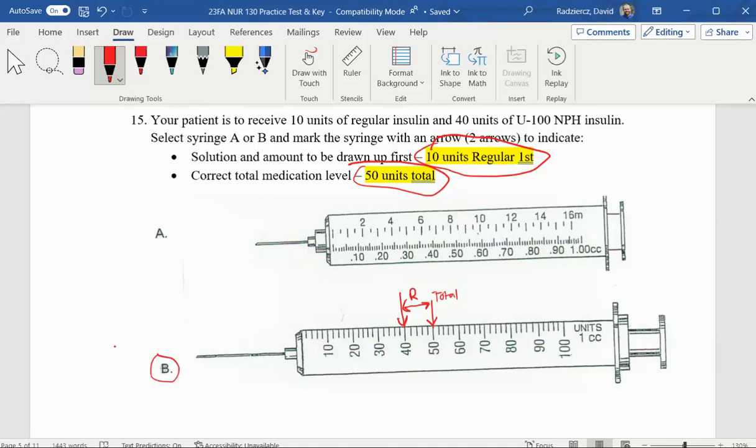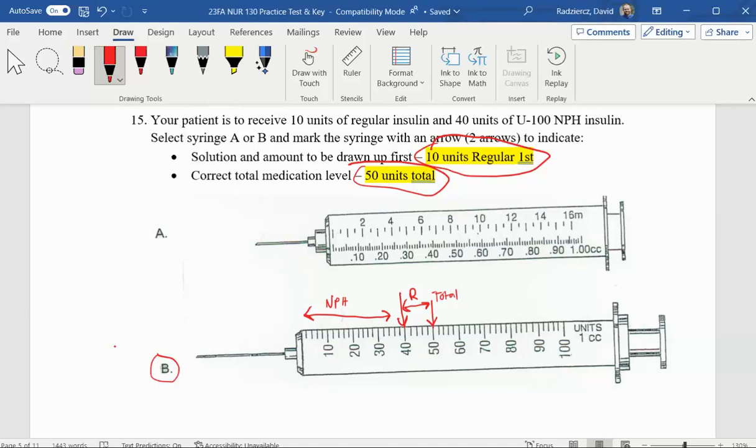There's no separation, but the way they want you to mark it is how I'm showing you here, where the NPH is still the 40 units, but it's down here. So the two arrows they want are one at 50 and one at 40, with the distance between the 40 and the 50 being the 10 units, indicating the regular insulin.